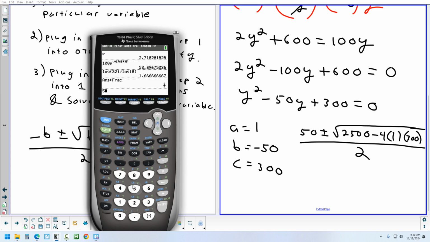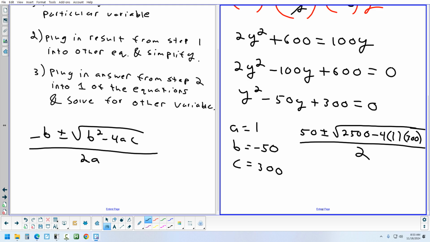So we've got 50 plus the square root of, what's 4 times 300? 1200. So that's going to be the square root of 2500, take away 1200. Well, 25 take away 12 is 13. So square root of 1300. So that's the numerator. And then divide by 2. So 43, we'll say 0.028. 43.028.